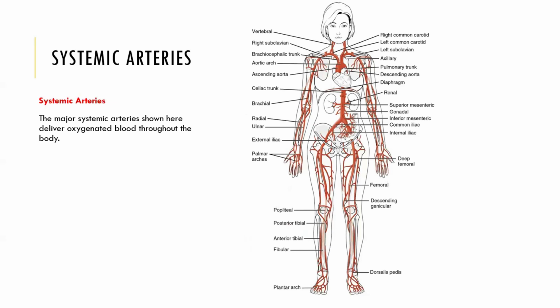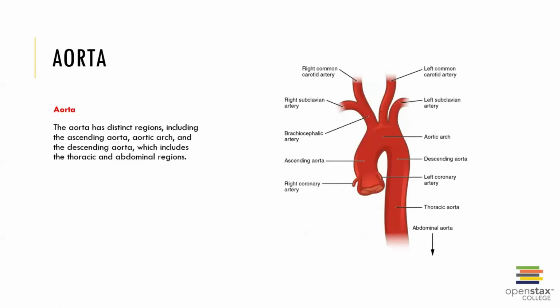Okay, and then we mentioned arteries a couple slides ago. So we have major systemic arteries in our body, and those arteries are shown in this picture here. They're going to deliver the oxygenated blood throughout our bodies. Okay, we talked about the aorta a little bit earlier in the course. So we can see here that it has distinct regions.